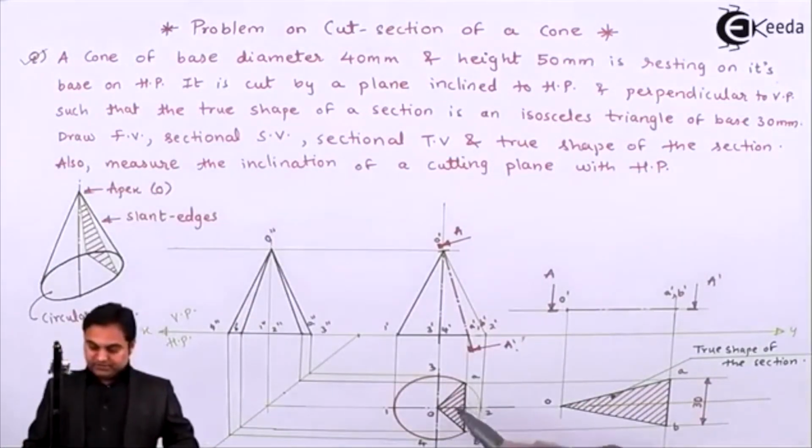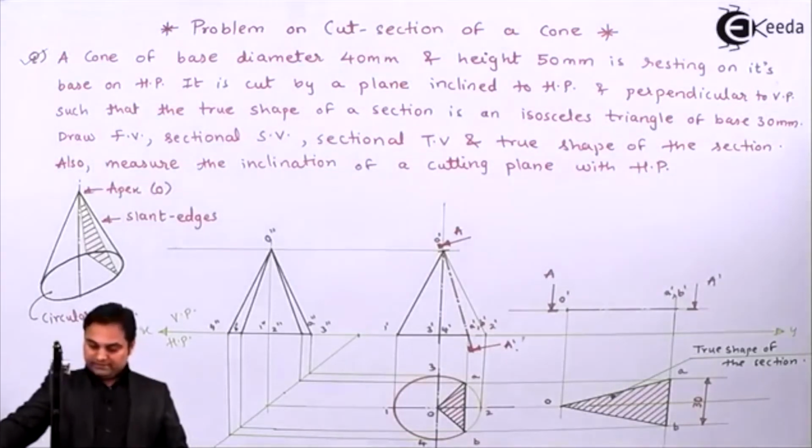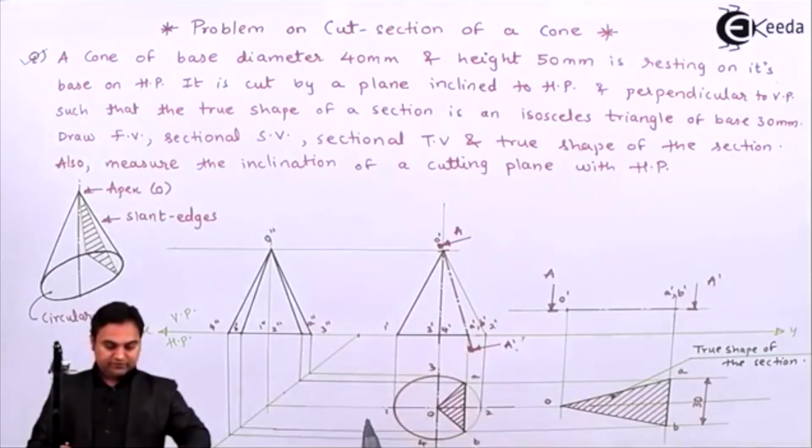Next, this entire sectioning will be visible. So here I'll draw the section lines inclined at 45 degree.